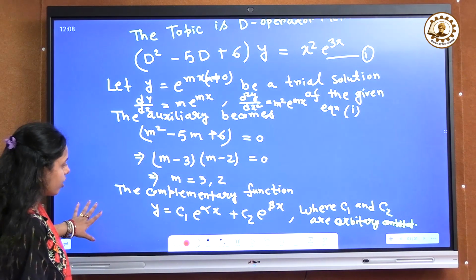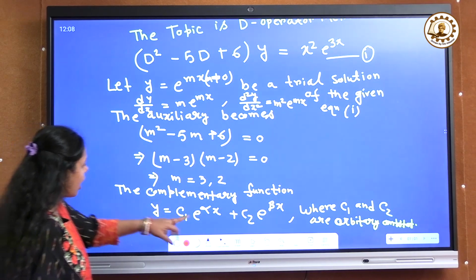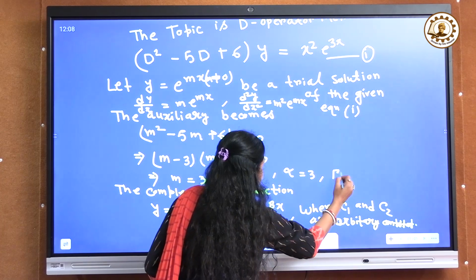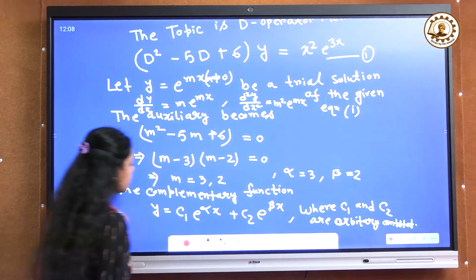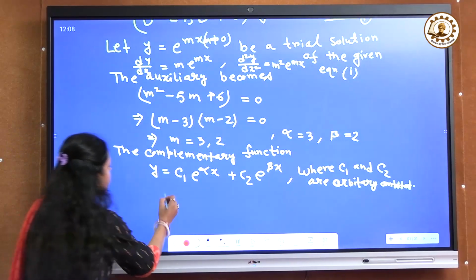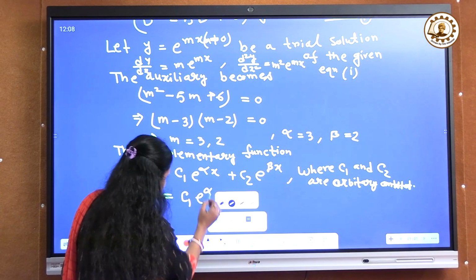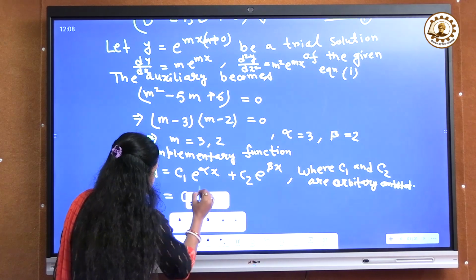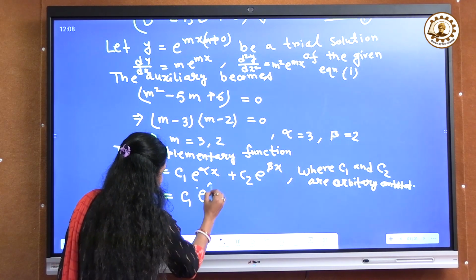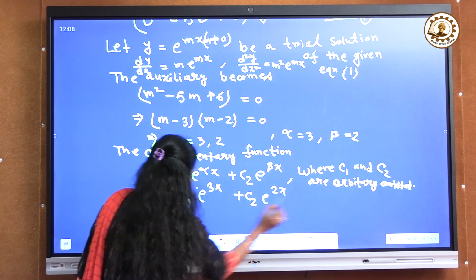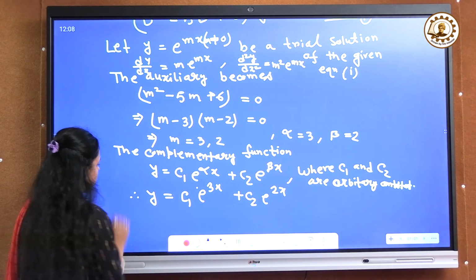Here alpha is 3 and beta is 2, so we put the values: C1 e to the power 3x plus C2 e to the power 2x. This is the complementary function.